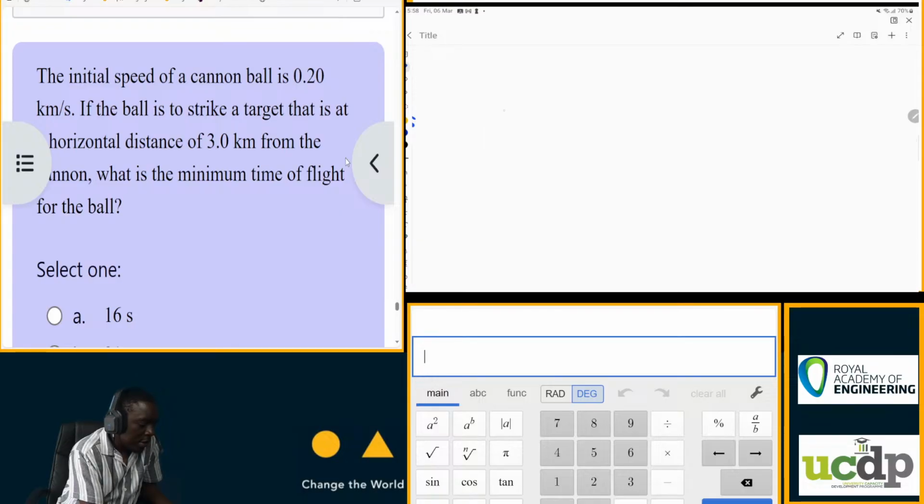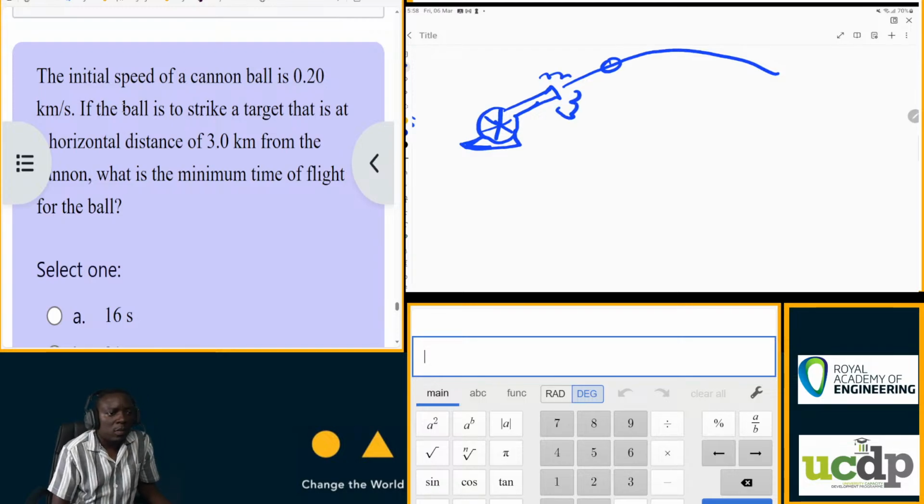We've got a cannon, and it releases a ball which projects like that.